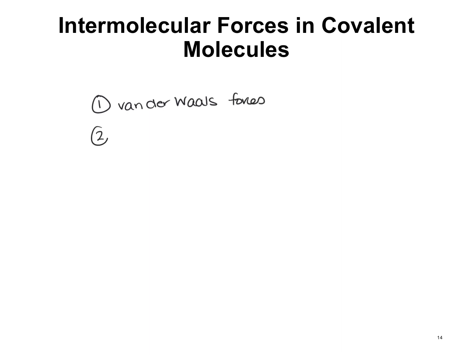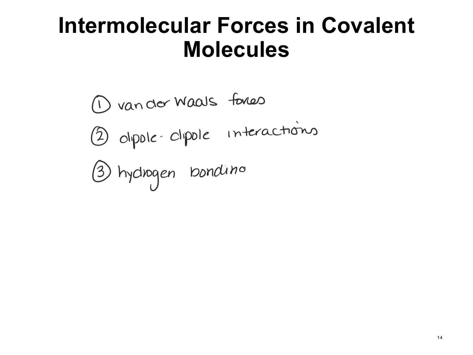The second is dipole interactions. And the third is hydrogen bonding. So van der Waals is the weakest, hydrogen bonding is the strongest.